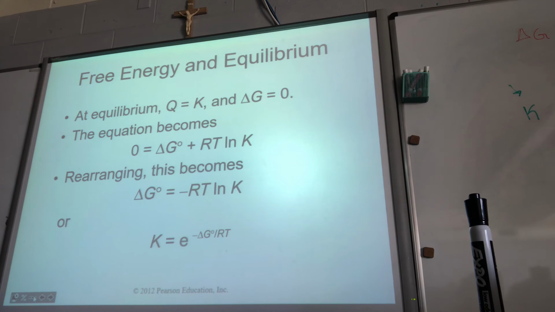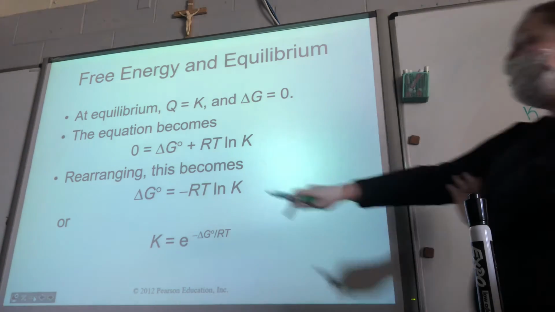When Q is less than 1, we had more reactants than products, so we had to shift left to get to equilibrium. But when Q was equal to K, we were at equilibrium. Okay? So just remember some of those concepts.